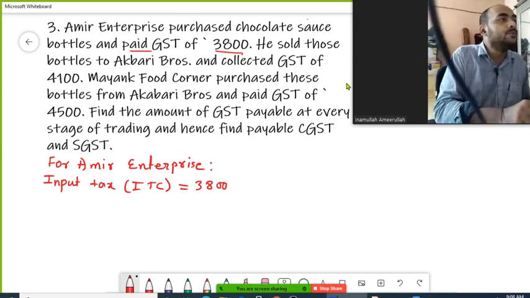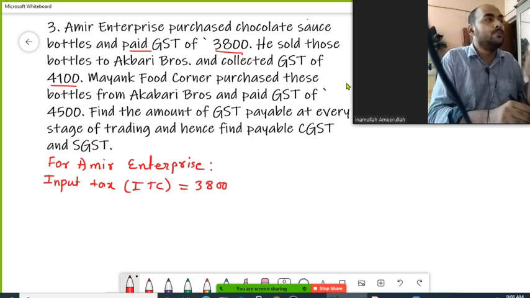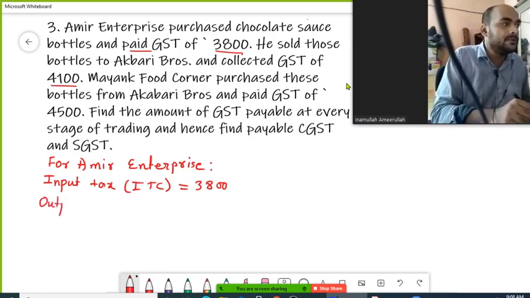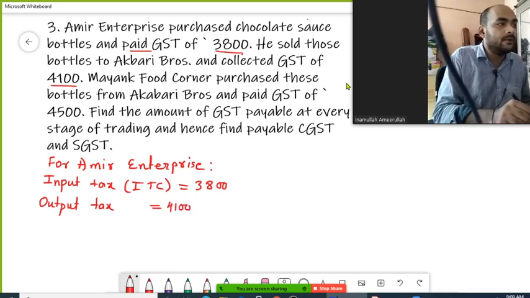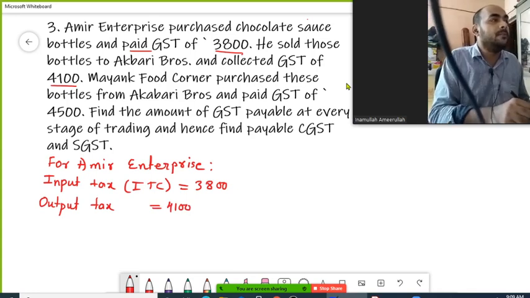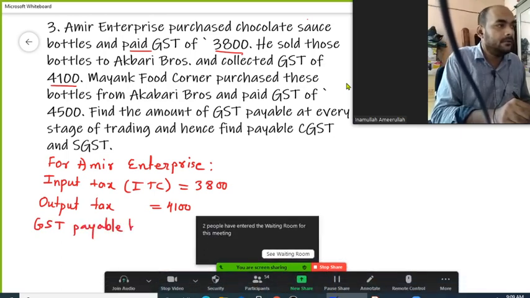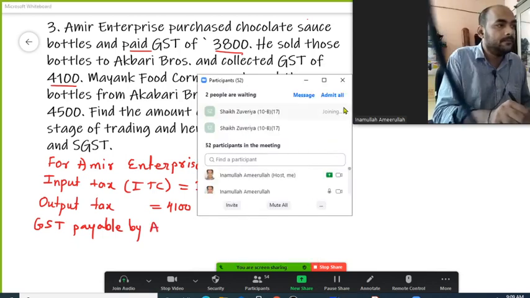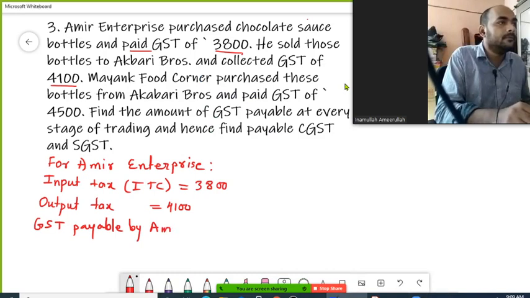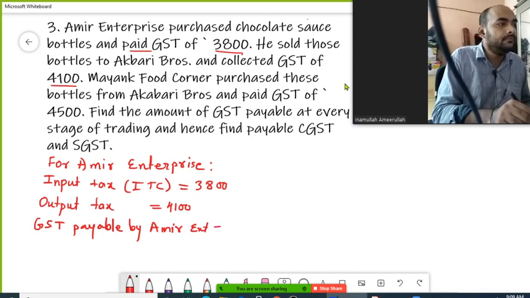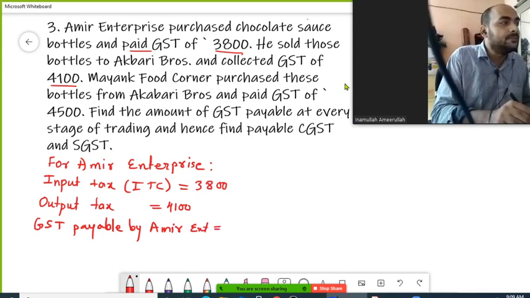And he sold those bottles to Akbari Brothers and collected GST rupees 4,100. So this 4,100 is output tax for Amir Enterprise. Now GST payable by Amir Enterprise is output tax minus input tax.